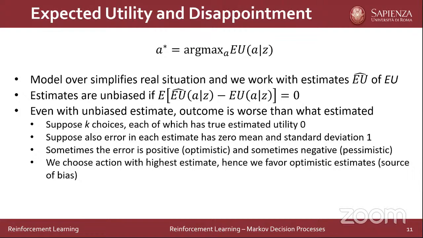So the action that the agent will be taking will still be biased by this error. So the bias is clearly something that you don't want to have in this situation because it leads to something that is not correct, at least from the perspective of the true expected utility function.